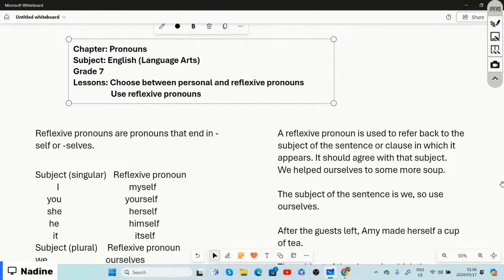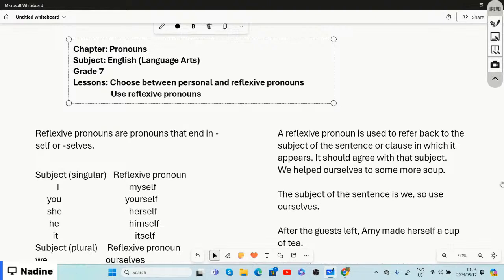So we basically found out now that there are different types or kinds of pronouns, right?